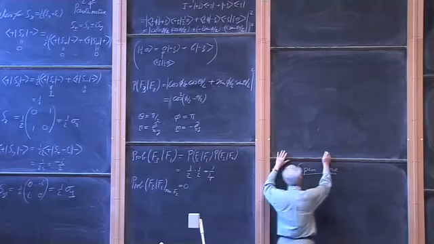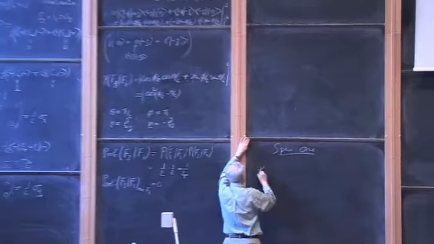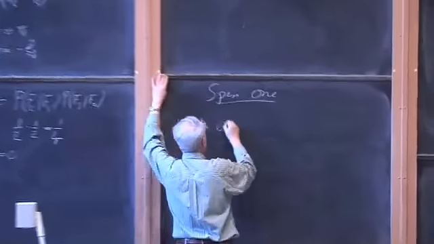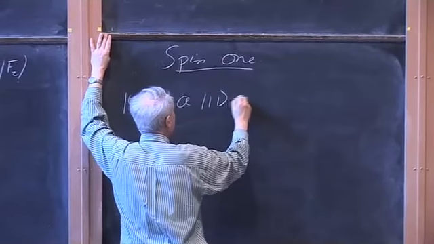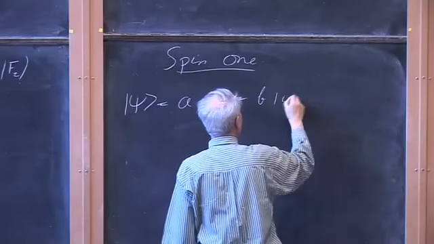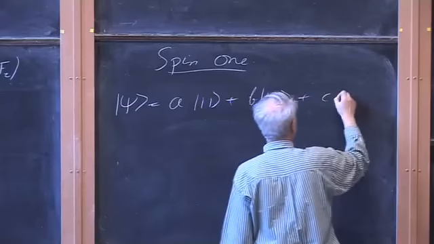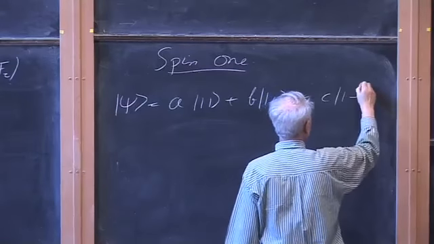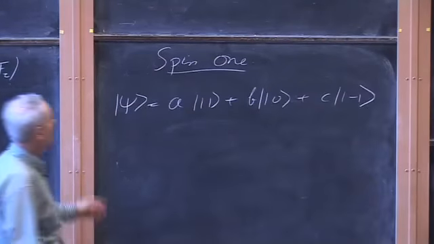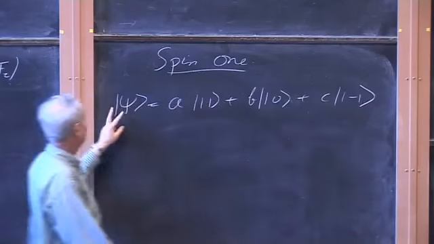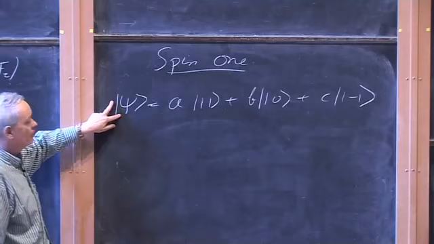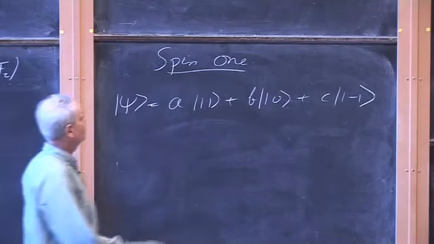In the case of spin 1, psi can be written as an amount of |1,1> plus an amount of |1,0> plus an amount of |1,-1>. So there are 3 complex numbers needed to define the orientation of the spin of a spin 1 particle.